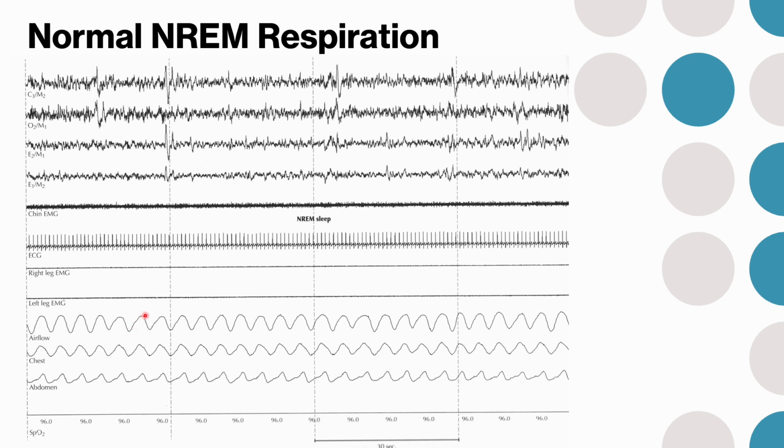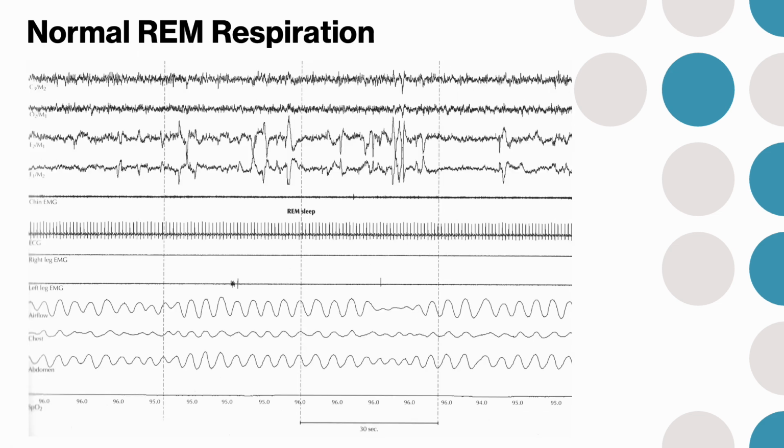There's no snore microphone, but if we had a snore microphone, it probably wouldn't be doing anything. The airflow is not showing any signs of flow limitation or snores. There are no visible arousals in the EEG, and the effort looks nice. No desaturations.